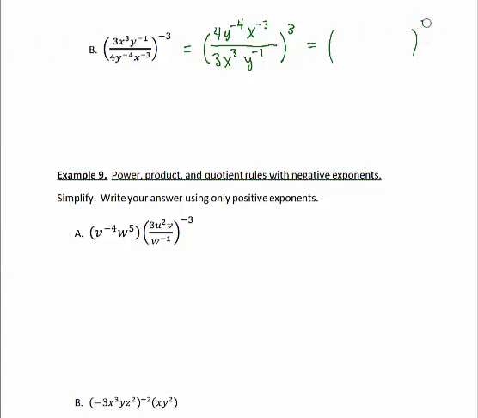Alright, so now we want to apply the quotient rule inside to combine the like variables. 4 and 3 do not share a common divisor, so we can't simplify the coefficients. And now we simply pick the variable with the larger exponent, and that would be the 3 for the x on the bottom, and then that would be the y with the -1 on the bottom.